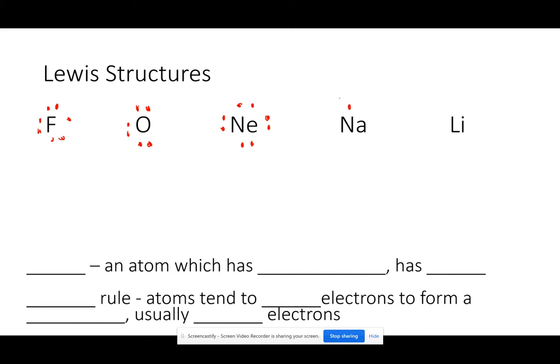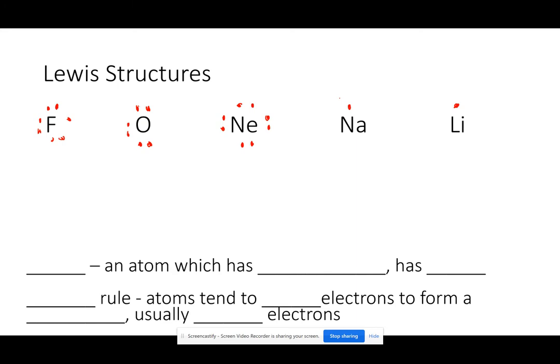What about lithium? If you drew the Bohr diagram for lithium, or if you look on the periodic table, you would see that lithium has 2 on the first level and also just 1 on its outer shell. So these are Lewis structures, and it's basically drawing the number of valence electrons around each symbol.